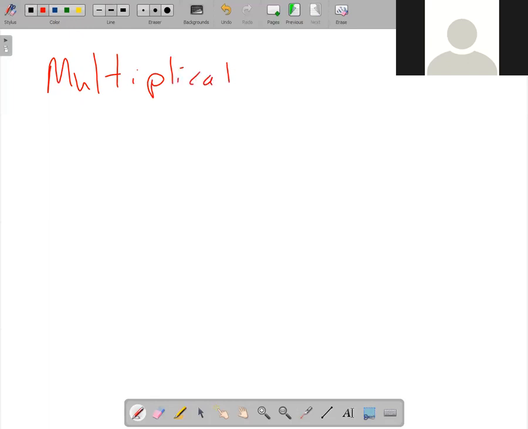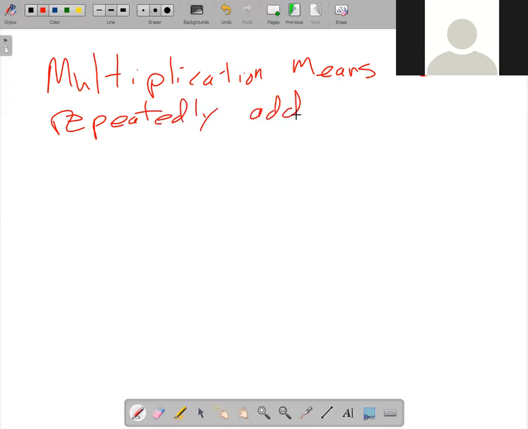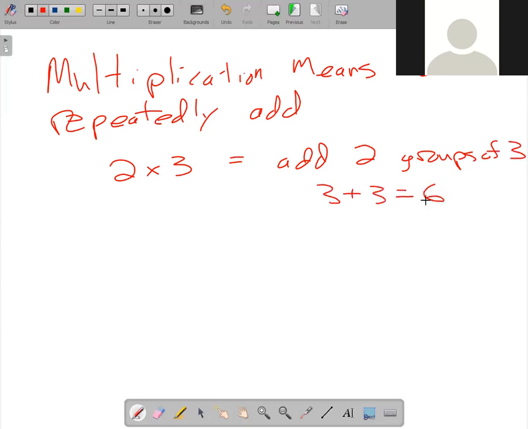Multiplication means to repeatedly add. So just a reminder, 2 times 3 means add 2 groups of 3. 3 plus 3 is 6.